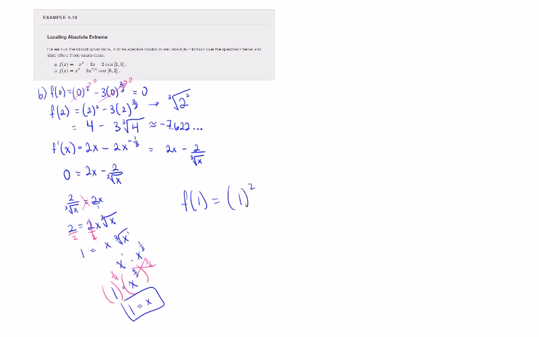That would be 1 squared minus 3 times 1 to the 2/3 power. And 1 to any power is 1, so this will turn into 1, and this will turn into 1. So it's going to be 1 minus 3 times 1, which is 3, and 1 minus 3 is -2.